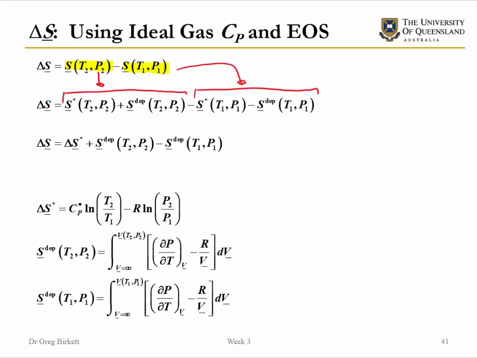We group the ideal gas contributions together, and we can calculate that using the equations that we've used in the previous section, and then the departure parts we calculate using the equations that we've just derived. This is for state 2, this is for state 1. You can see that we have to integrate between infinite volume and the volume that we're interested in for that state. You always have to remember to update that.